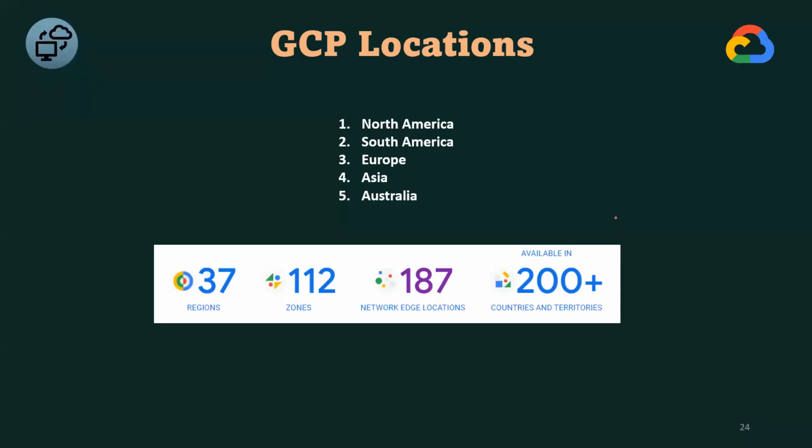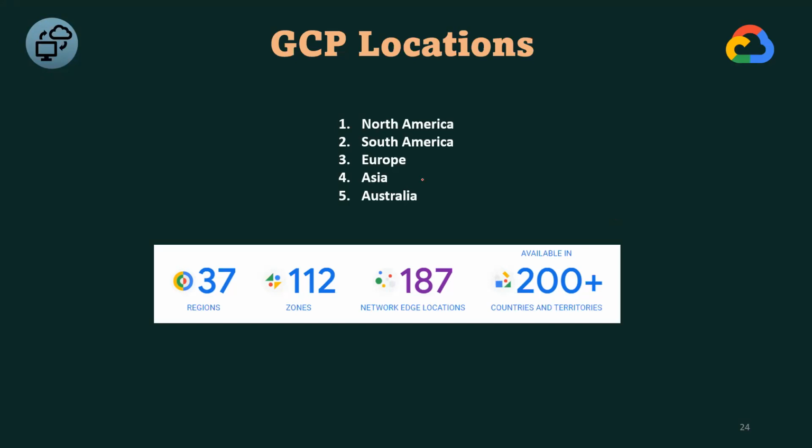Similarly, Google Cloud Platform is also like that. Google Cloud Platform, or GCP, also wanted to provide services that are available to each and every person, each and every company, whether it is a small company or a big company, and each and every employee who wants to use GCP services.